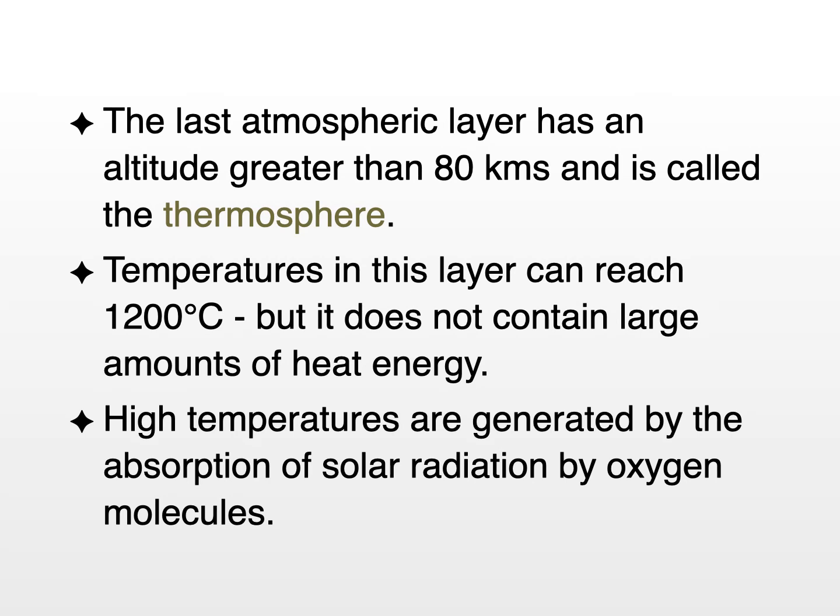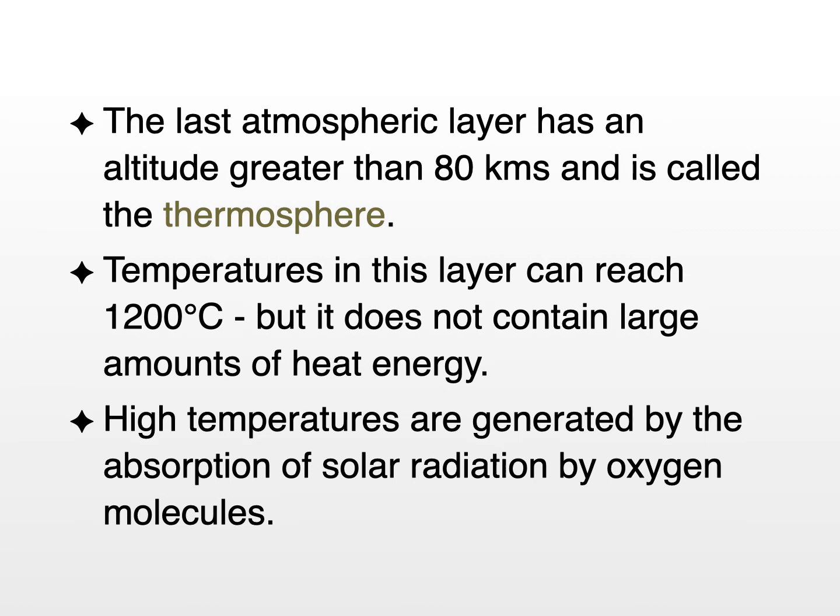This layer actually has an extreme temperature. Once again, heat energy is being generated, and this time it's normal oxygen molecules absorbing solar radiation. The temperature in this layer can approach 1200 degrees Celsius.